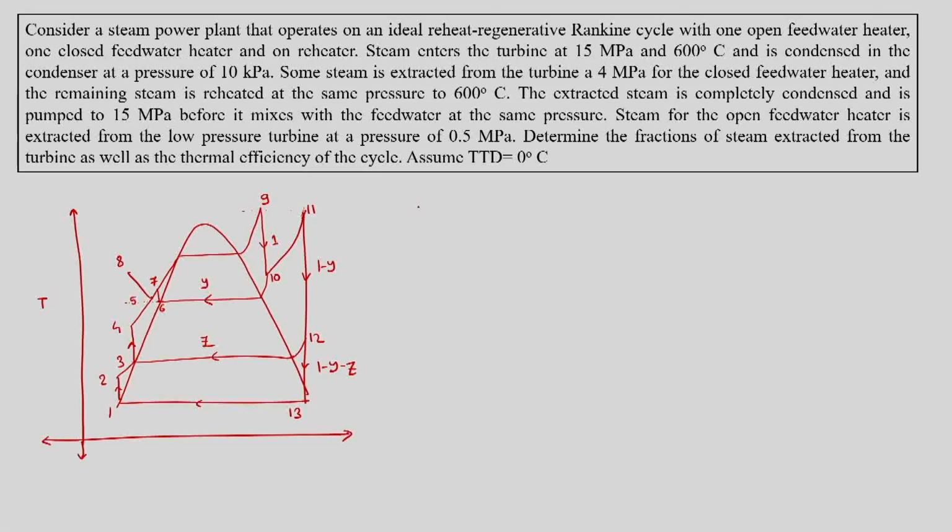So, in this example we need to go first into the steam table and note all the enthalpies as per their state values, like as per their pressures and their temperatures. As per the given things, P9 is equal to P7 is equal to P5 is equal to P4, and everything is 15 megapascal.